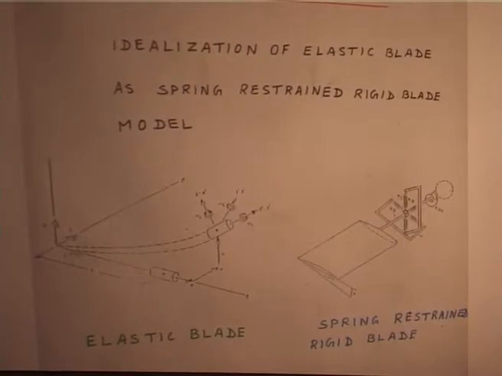Now, this is the model of an elastic blade. If you want to follow systematically, it is basically a displacement formulation we do. You assume a displacement and then get the strain, then once you get the strain go to stress and then write your equilibrium equation.